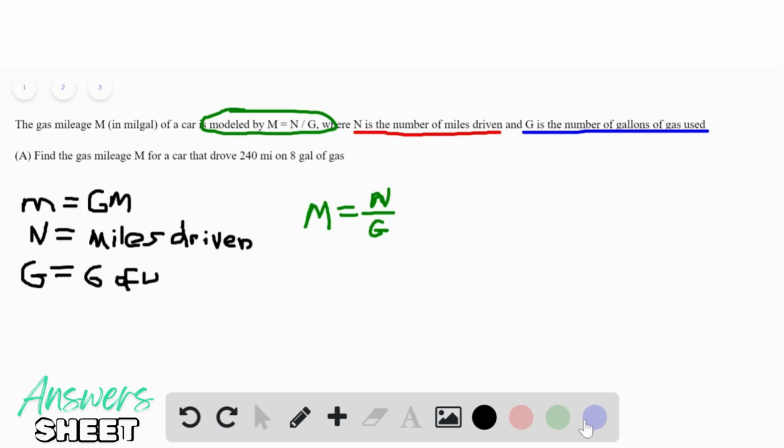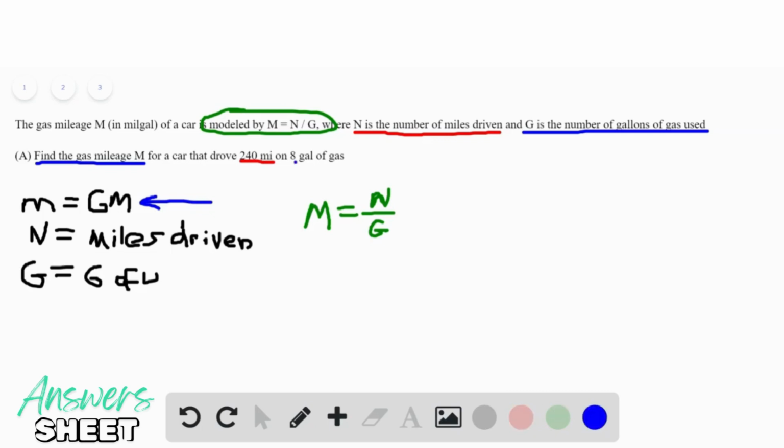We have gas mileage. And in part A, we can see find the gas mileage M. Okay. In the problem, we already know our N and G variables. N, in red, N equals 240. And in blue, G is 8.